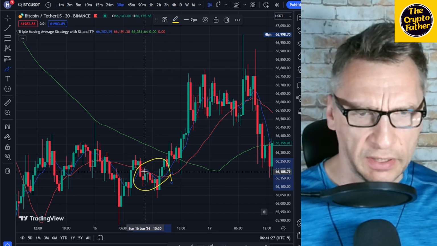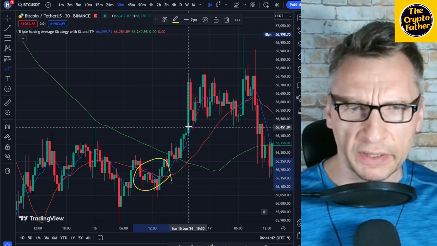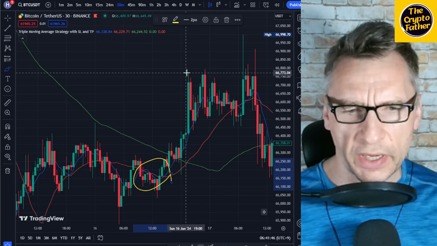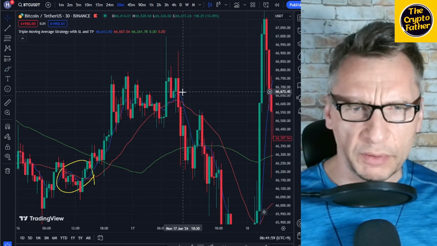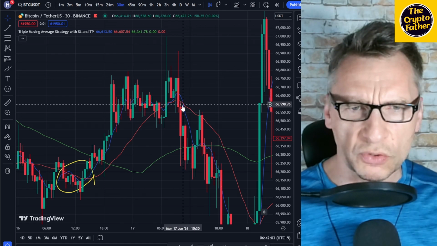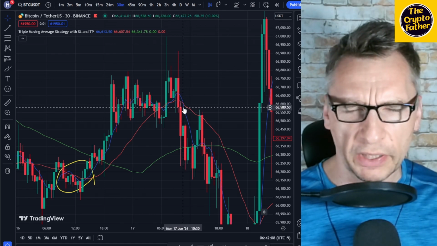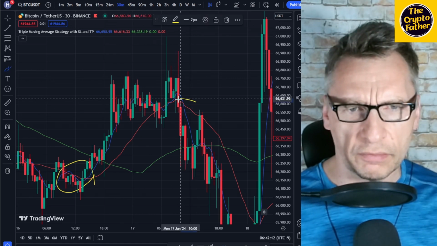But if you had entered a trade right here, you would have had a pretty good run. You could have exited your trade at the 2% line, and then when the blue line crosses over the red line and begins to move below the red line, then you would open a short trade like right here.